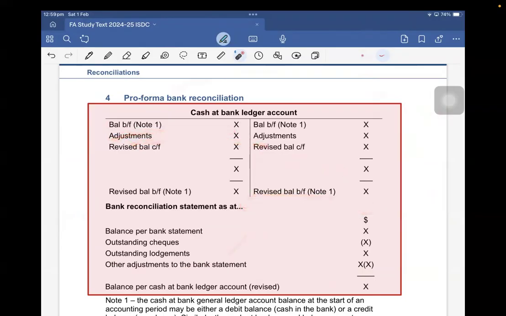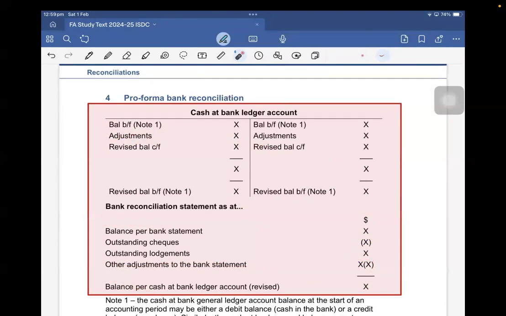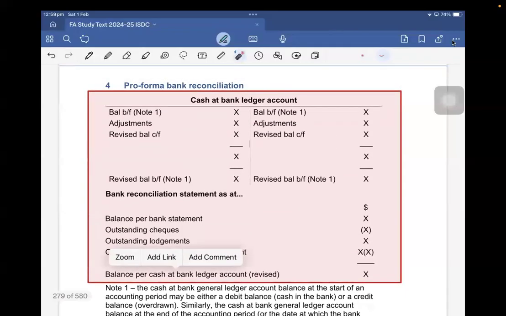In the same way, your bank statement would also be adjusted in order to reach the bank ledger balance. You take the bank statement, adjust certain things, and you reach the balance as per the bank ledger. That balance would be taken here, and then you find the revised balance. Clear? Okay, copy this down, Elvira.